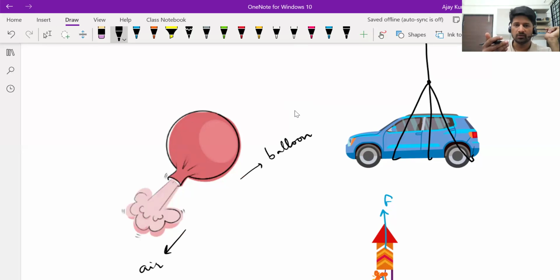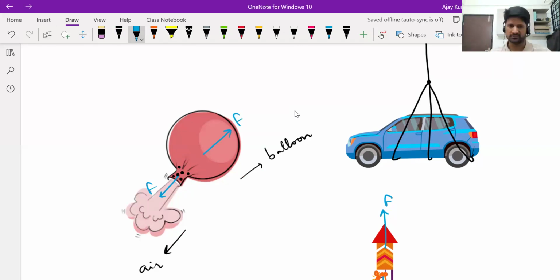Inside the balloon, due to the pressure, the air molecules experience a force. On the air molecules near the mouth of the balloon, the force will be outwards, and on the remaining system, the force will be inwards. So air goes one way, balloon goes the other.